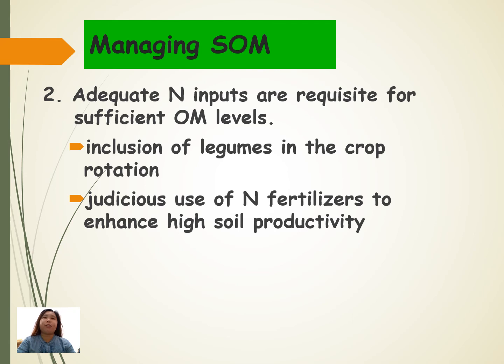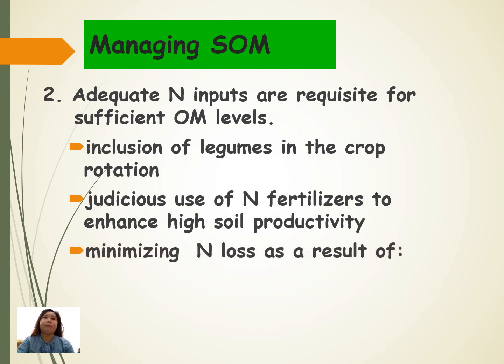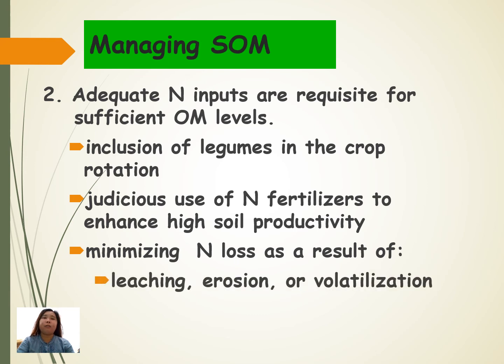Judicious use of nitrogen fertilizers to enhance high soil productivity may also be practiced, and it can minimize nitrogen loss as a result of leaching, erosion, or volatilization, because nitrogen could be easily leached from the soil or volatilized to the atmosphere as nitrogen gas.